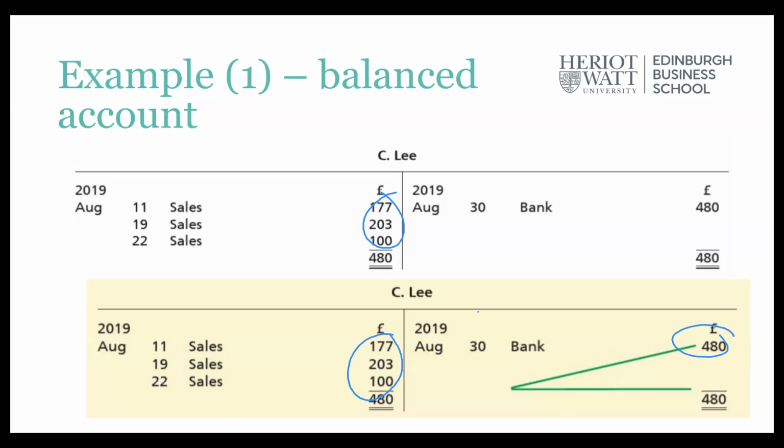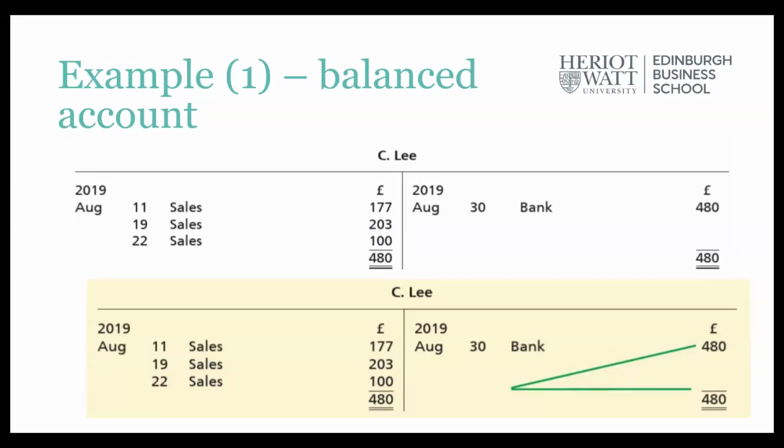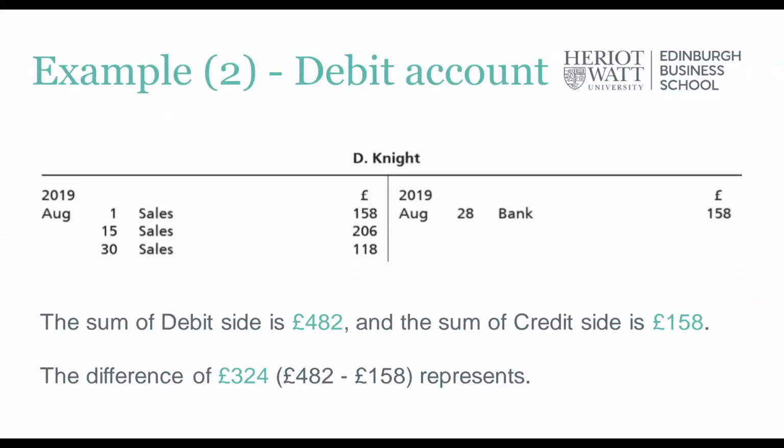If the amounts are equal on the debit and credit sides, we say the account is balancing itself off. So there is no need for a balance carried down or balance brought down.